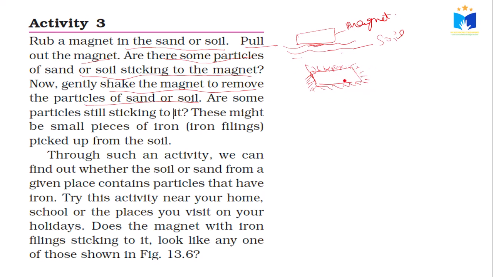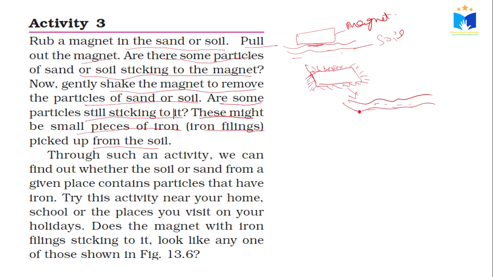Are some particles still sticking to it? So we have to see whether these particles are still sticking to it or not. This might be small pieces of iron filings picked up from the soil. So whatever iron is present in the soil, it is going to stick to this magnet.